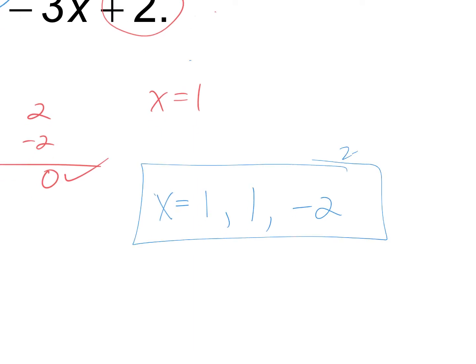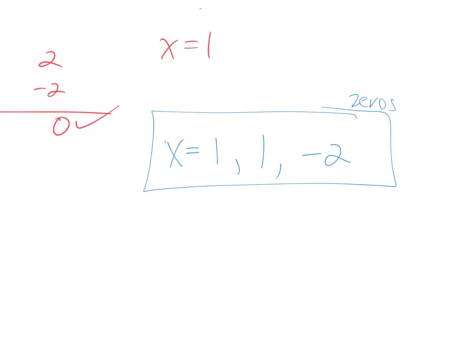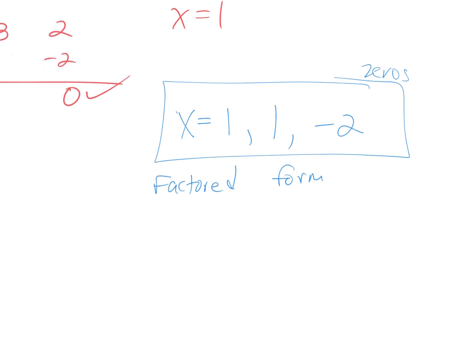If they wanted you to write this in factored form, that means what did my parentheses look like before I got x equals? What did my 3 parentheses look like? X minus 1, x minus 1, and x plus 2.